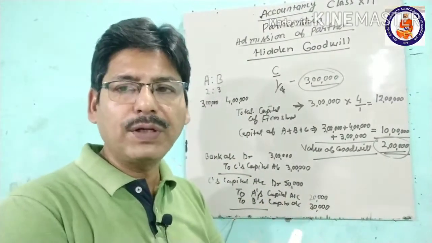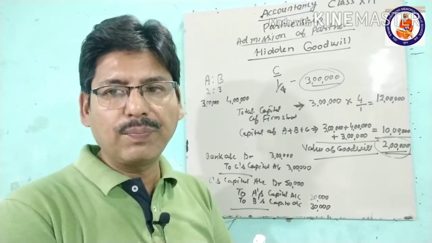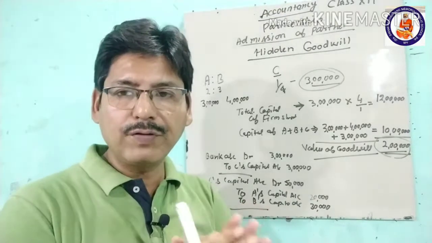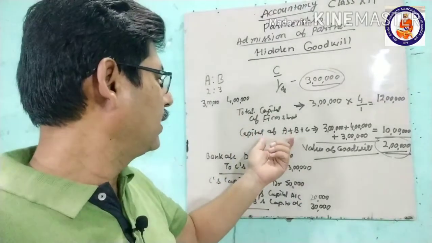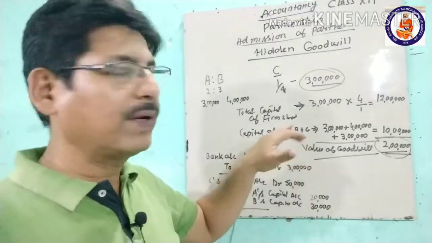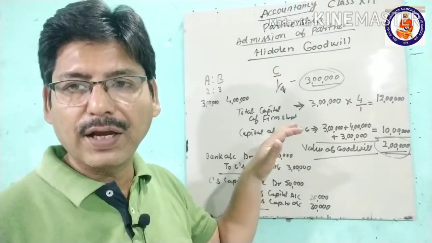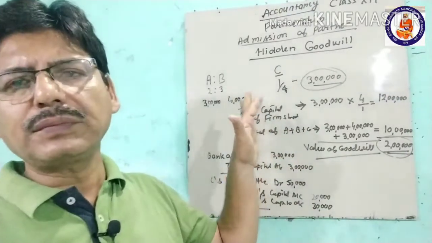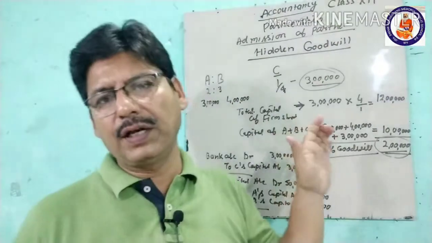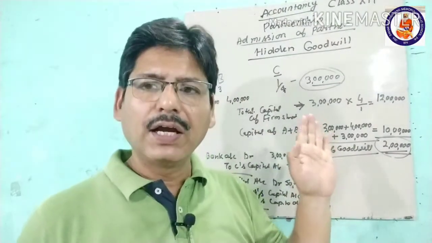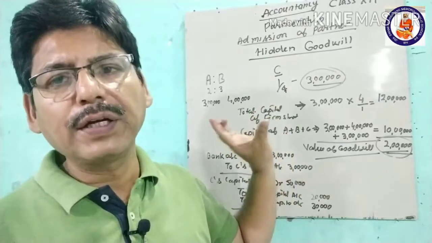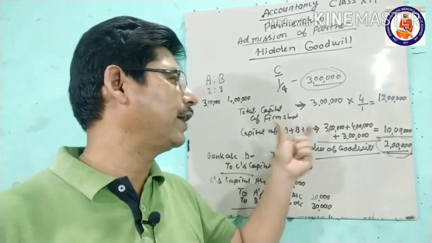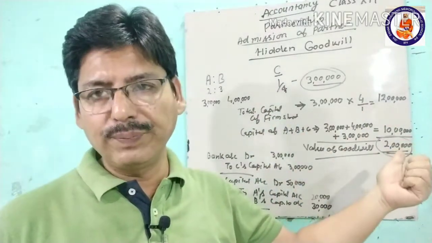It is the partners' amount, the profit which was not distributed. So it should also be added: A's capital, B's capital, undistributed profits and reserves. If there are some losses, that should be deducted. All that should be included to find out the amount of goodwill.